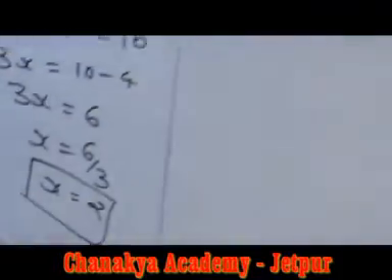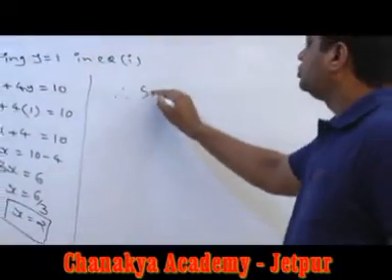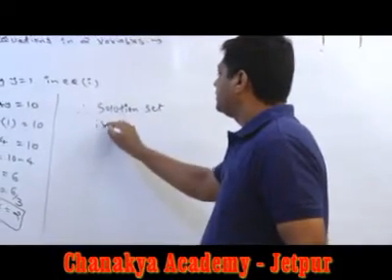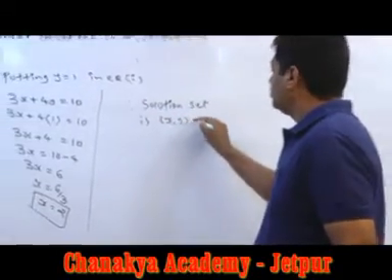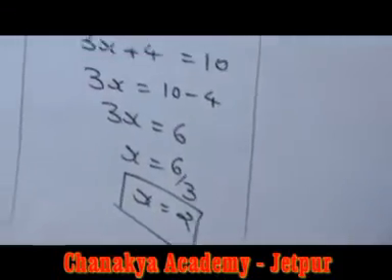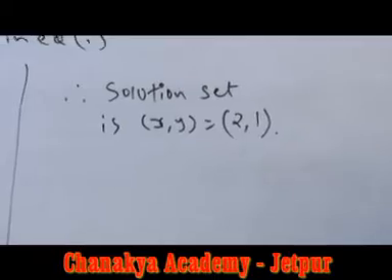Now moving to our last step, solution set is x comma y equal to 2 comma 1. Here we get completed.